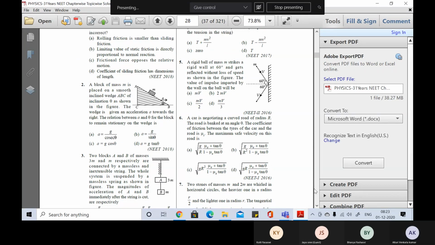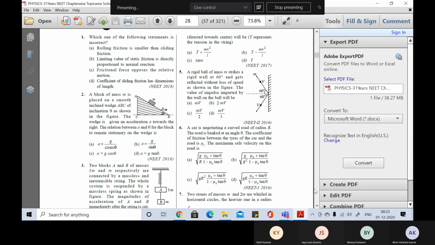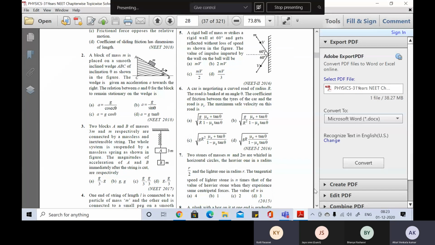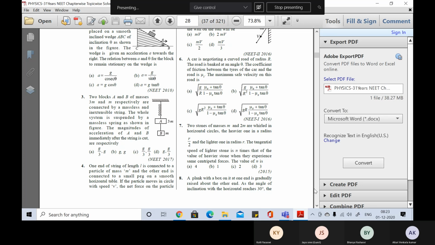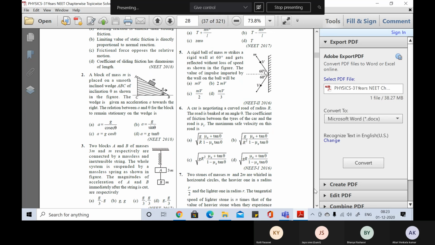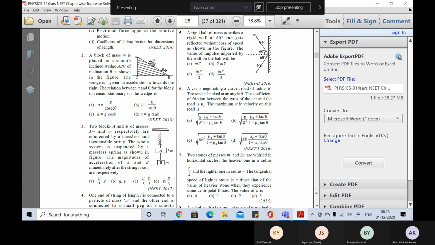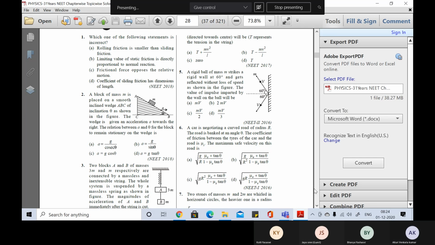What is the answer? So one minute is left.